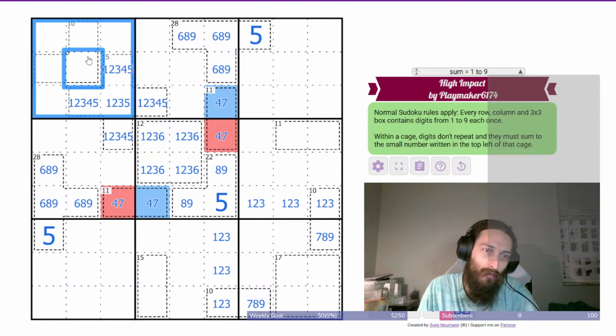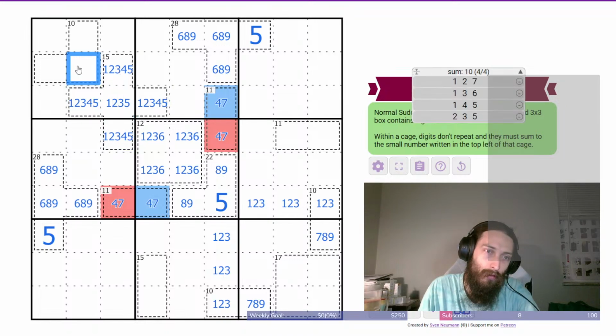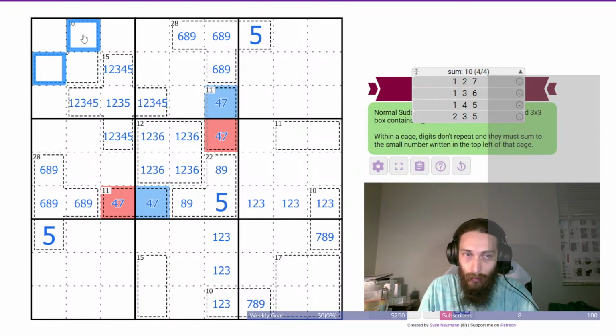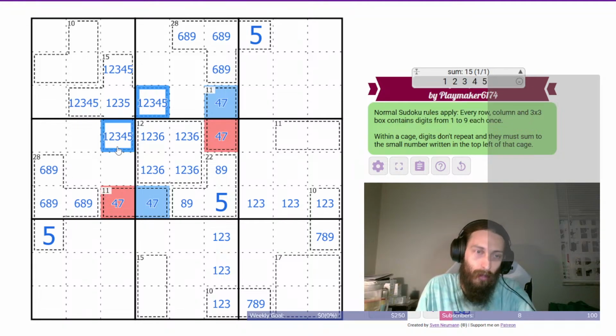Although, where is 5 in here? If it's not there, if it's in either of these positions, then that forces that to be a 5, and it's either 1, 4, or 2, 3, which would be forced to the outside of here.